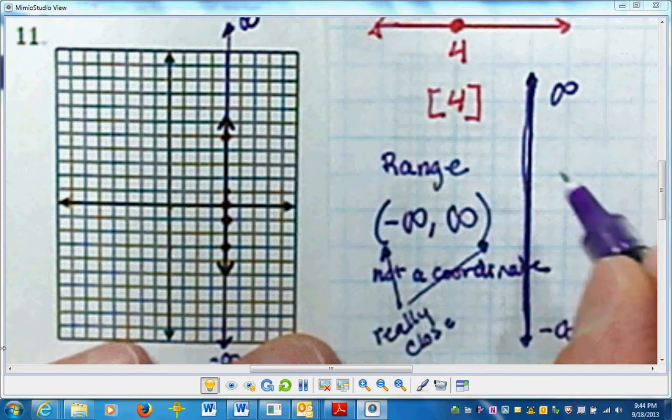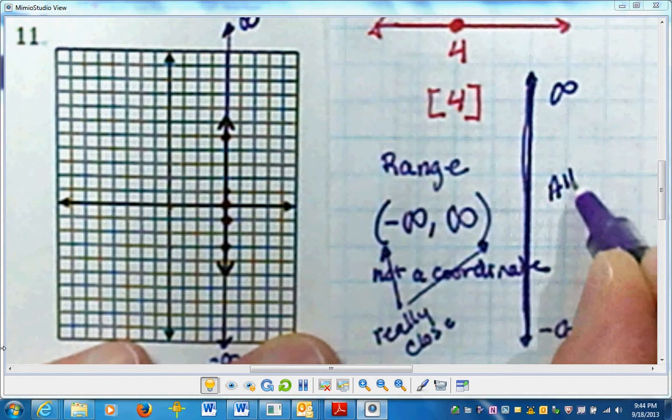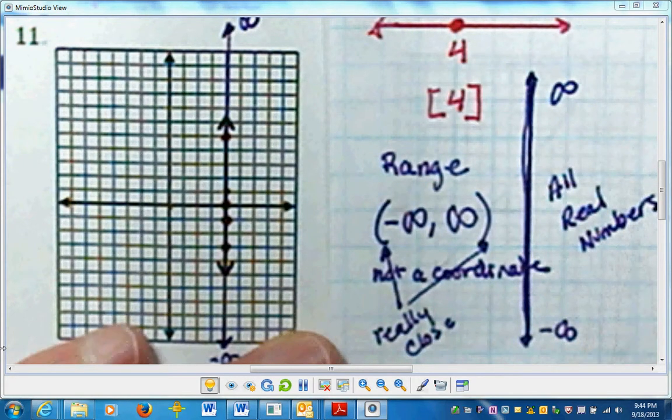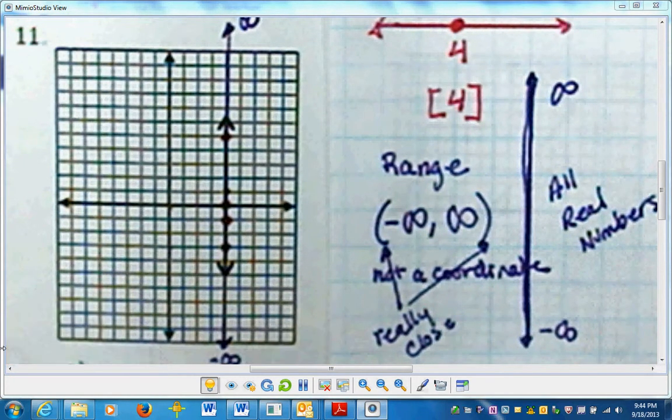So this is the same thing as saying all real numbers. So all real numbers can be my output. When I put in 4, I can get any number output that my heart desires, as long as it's a real number. So that is my range.